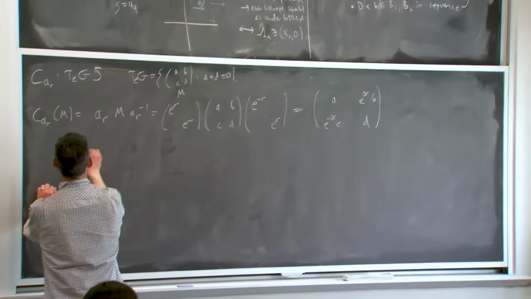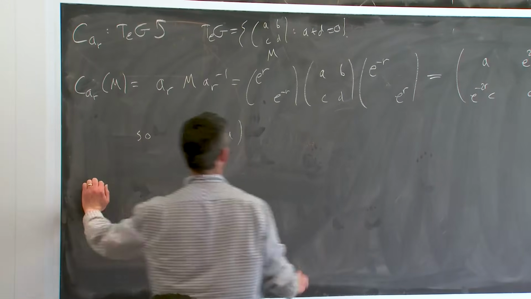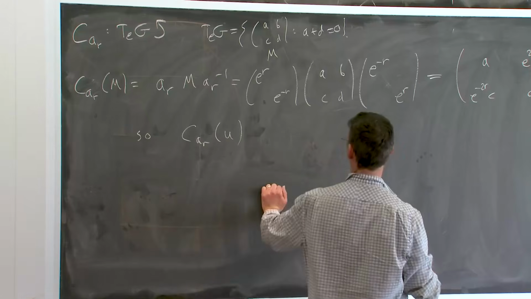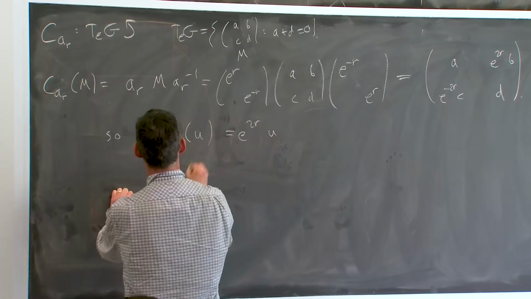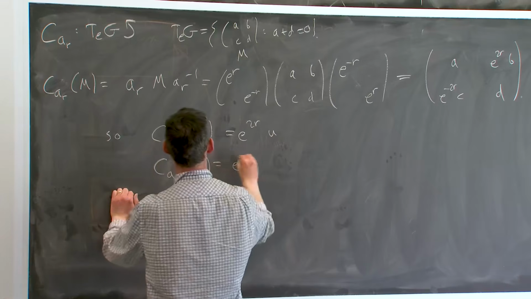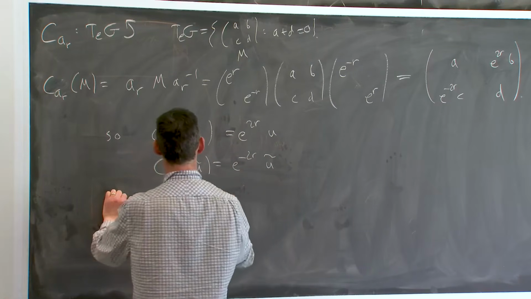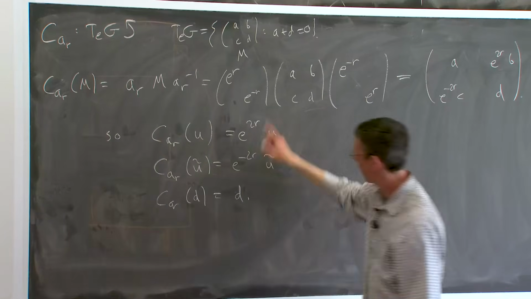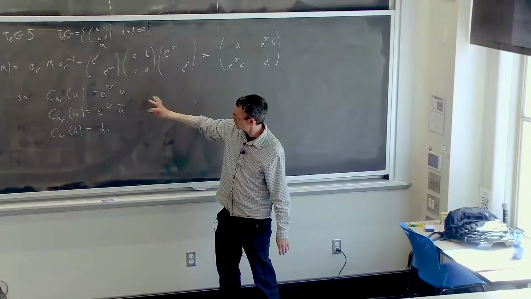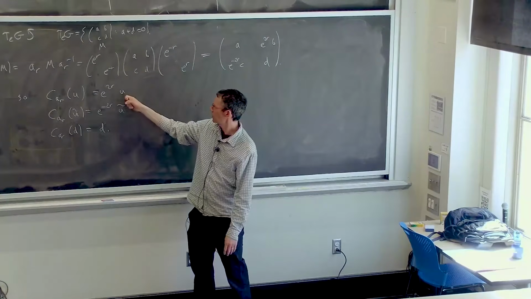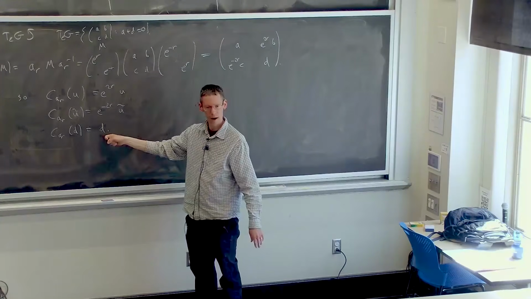So C sub A_r of U is e to the 2r U. C sub A_r of U tilde is e to the minus 2r U tilde. And C sub A_r of D is D. This conjugation behaves really nicely in this basis, but you can see that it does not preserve the metric. It stretches that one, it compresses that one, and it preserves that one.